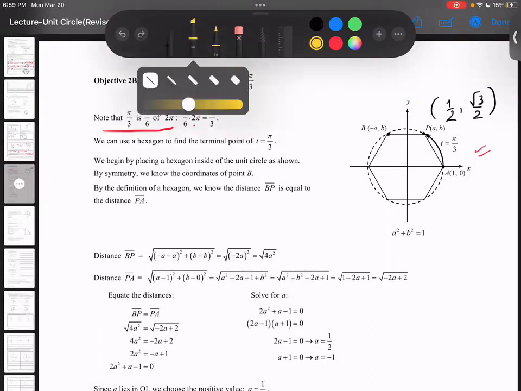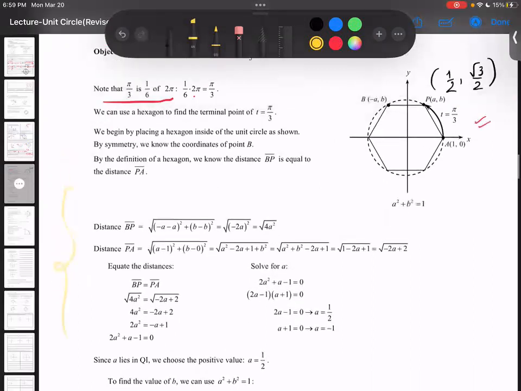Well, this right here explains how they come up with that using the distance formula.